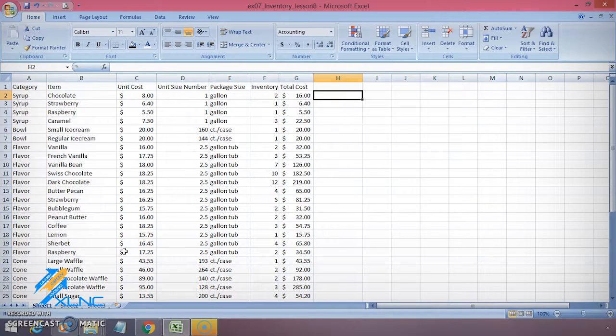Over here in H2, let's write a formula that multiplies the inventory number by C2, which is the unit cost. If we want to create an absolute reference, we'll just add the dollar sign before the C and before 2.